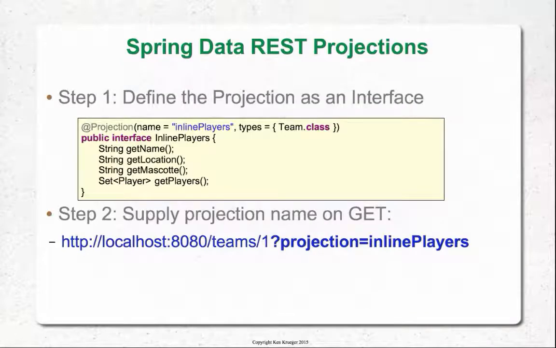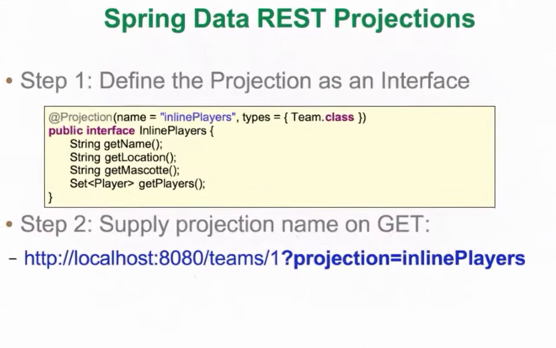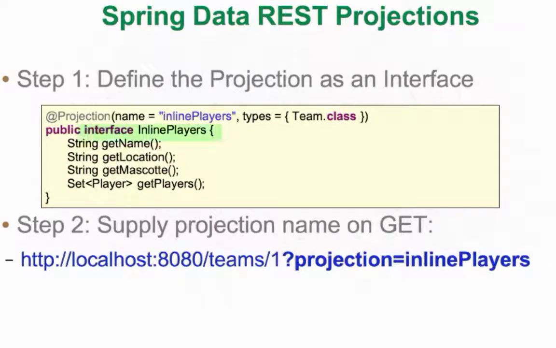To use the projection feature of Spring Data REST is actually pretty easy. First, you define an interface in which you describe exactly the properties of the domain object or objects that you wish to expose over REST. You can see here I have an inline players projection, and I have included the getPlayers method.